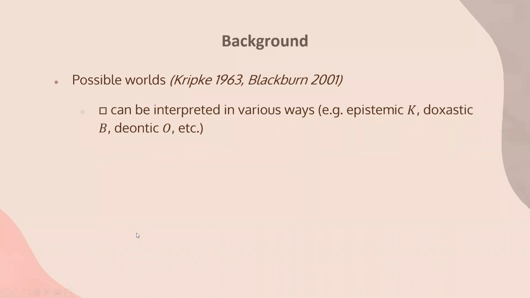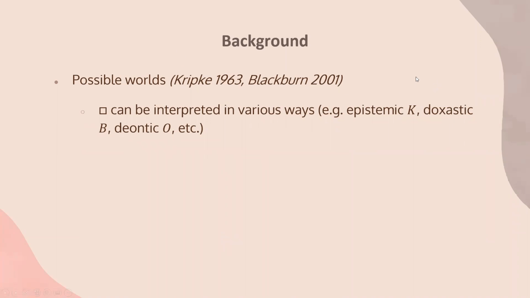And so this has applications not just for dealing with ordinary alethic modalities, but also the box operator and the diamond operator, assuming they're interchangeable, can be interpreted in epistemic, doxastic, deontic ways, and various other ones.